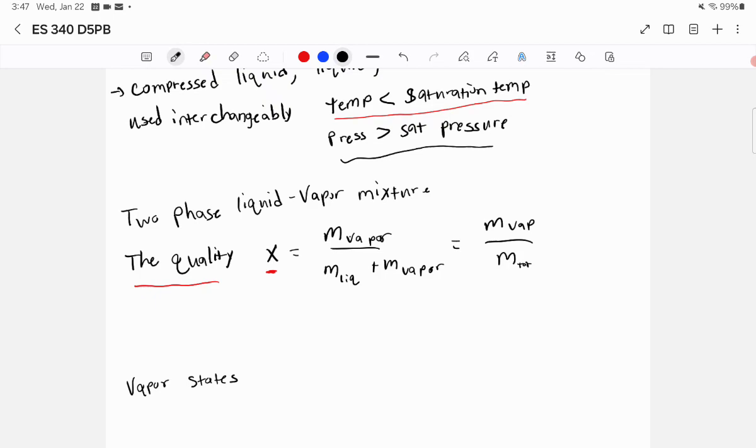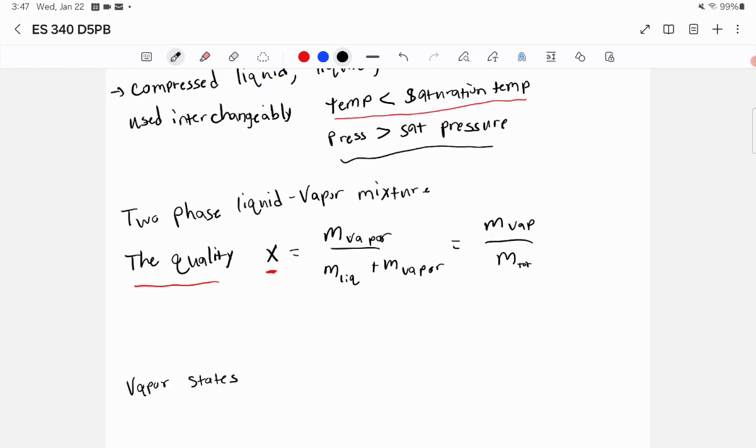So basically the idea is this quantity gets closer to 1 as we get less and less mass of liquid, right? And eventually, if we got all the way over and we were touching the curve on the right-hand side, we would get to the saturated vapor, which would have a 100% quality.